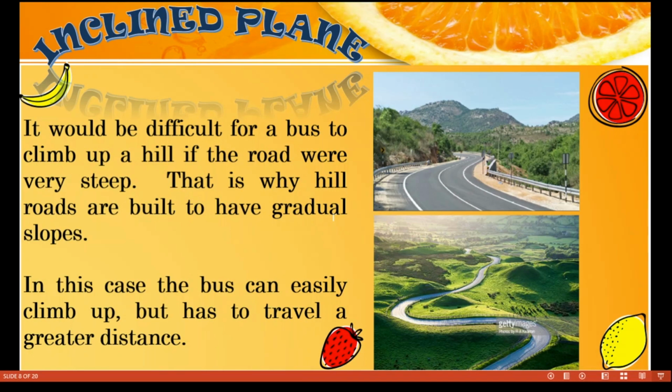That's why hill roads are built to have a very gradual slope. In this case the bus can easily climb up, but the only slight disadvantage is that it has to travel a greater distance.